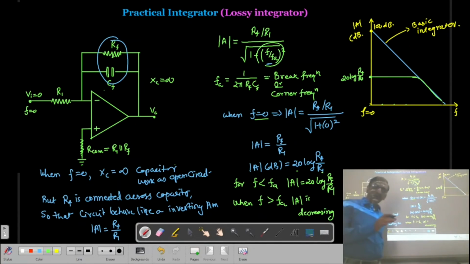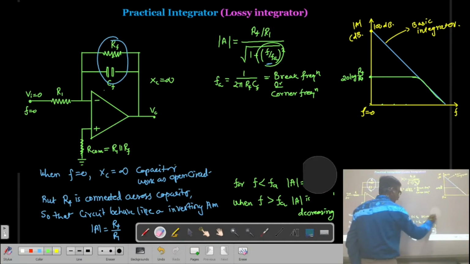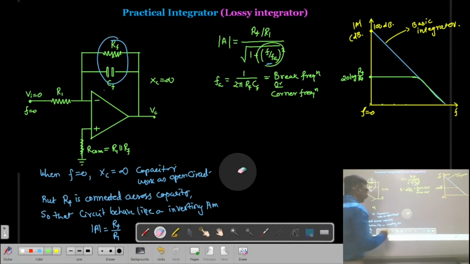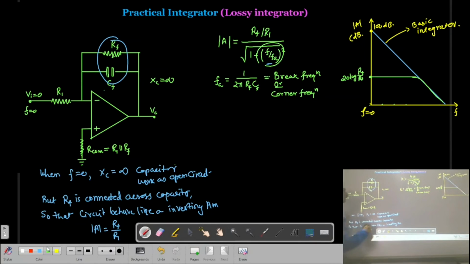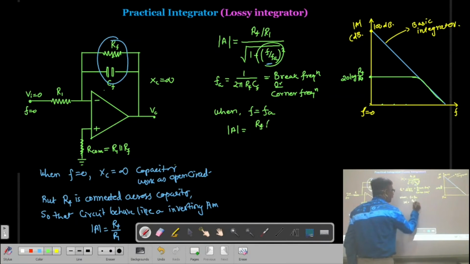So now if this is my input frequency, f is equal to FA, then what will happen? When the input frequency is f equal to fa, then the gain of this integrator is given by Rf by R1 divided by under root of 1 plus 1.